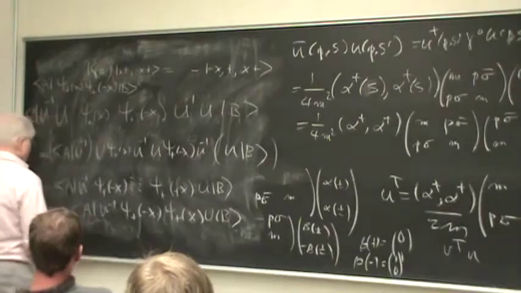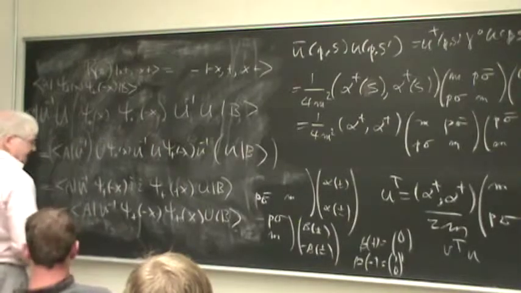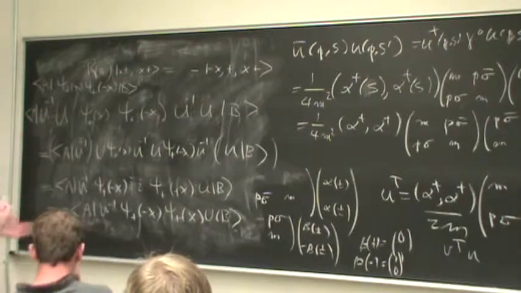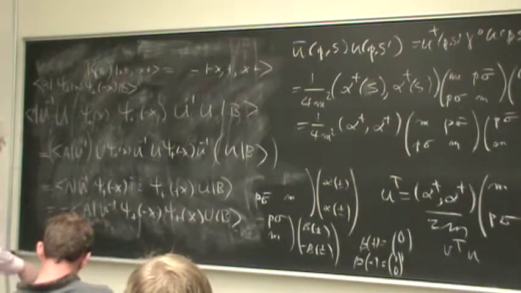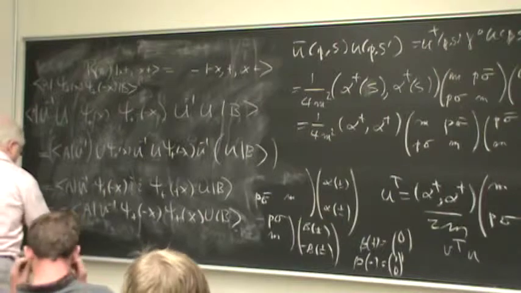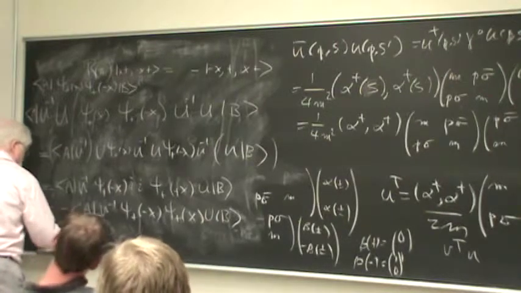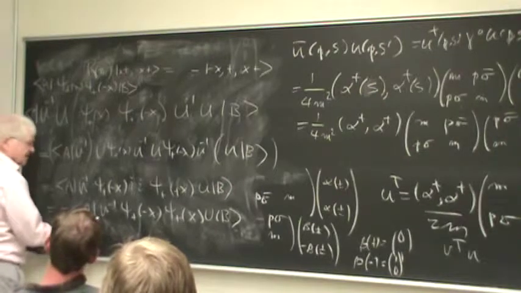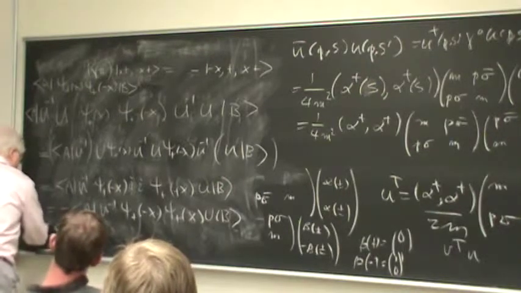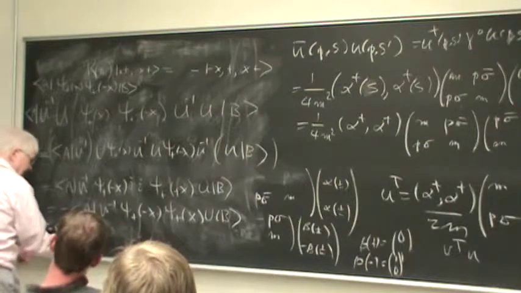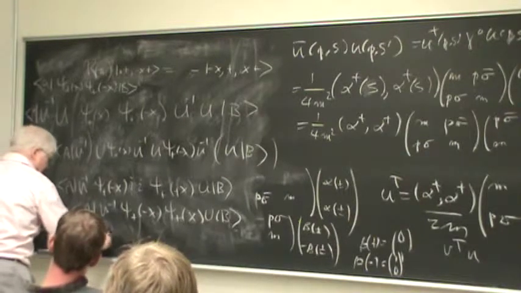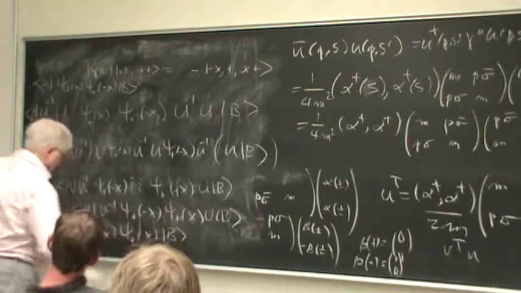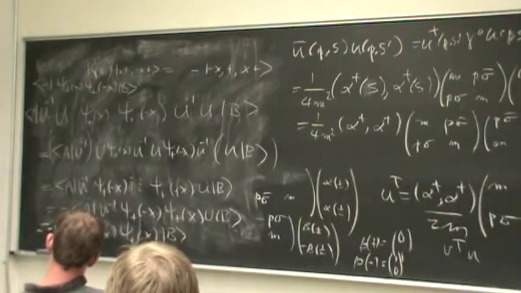All right. Let's suppose this is a state that's invariant under rotations by 180 degrees. Then we can say that this is, in other words, minus A psi plus of minus x, psi plus of x, B, if the states are rotationally invariant.